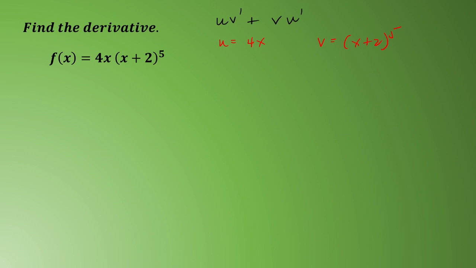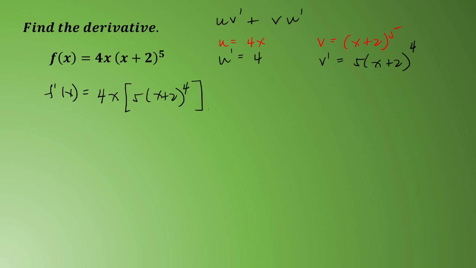So the derivative of u is equal to 4, and the derivative of v by chain rule is 5 times x plus 2 raised to 4. U would be 4x, and then derivative of v is 5 times x plus 2 raised to 4, plus v, that would be x plus 2 raised to 5, times the derivative of u, which is 4.